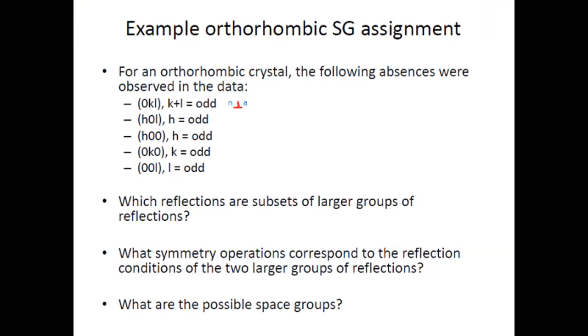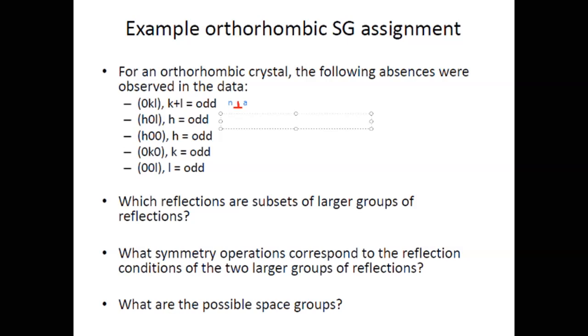Next we have the H0L, where H is odd, K is 0, and L doesn't have to be, it can be even or odd. Since K is 0, that tells us that Y became negative.